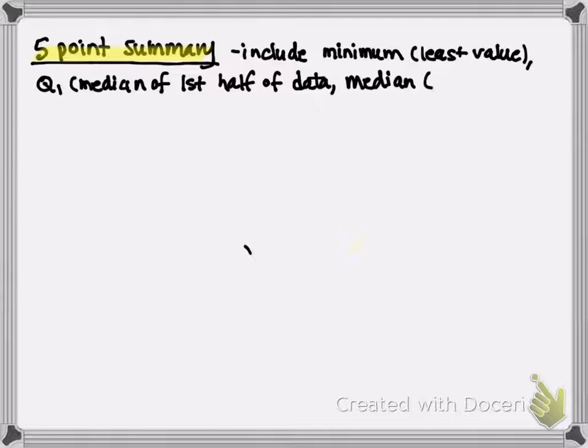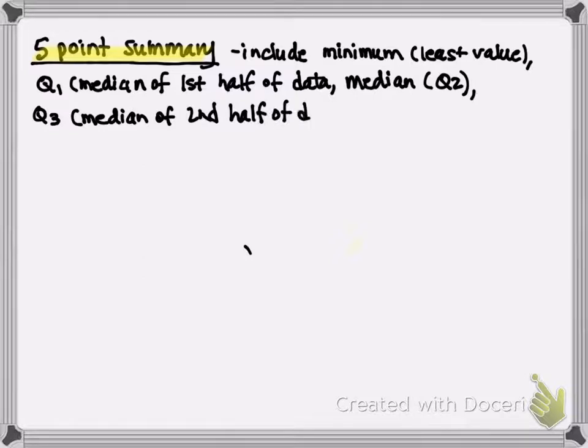And as you rightly pointed out, he also could be called Q2, but most people don't. You have the third quartile, which is the median of the second half. And we could call it the last half, either way. And then we have the maximum, which is the greatest value.